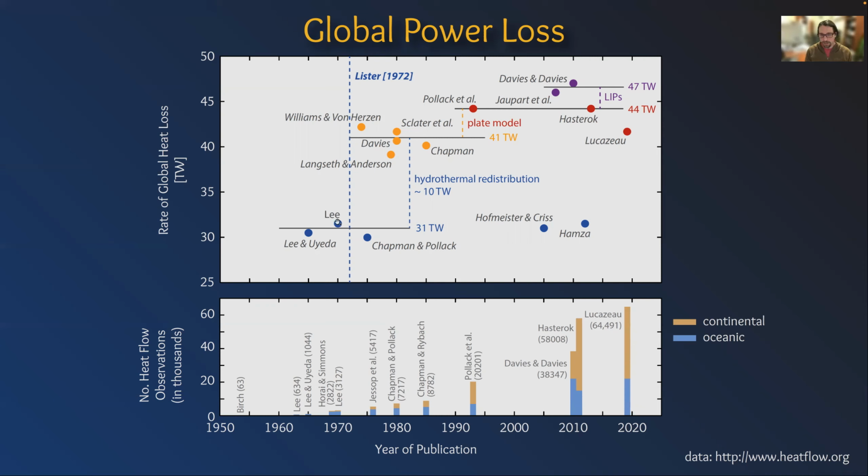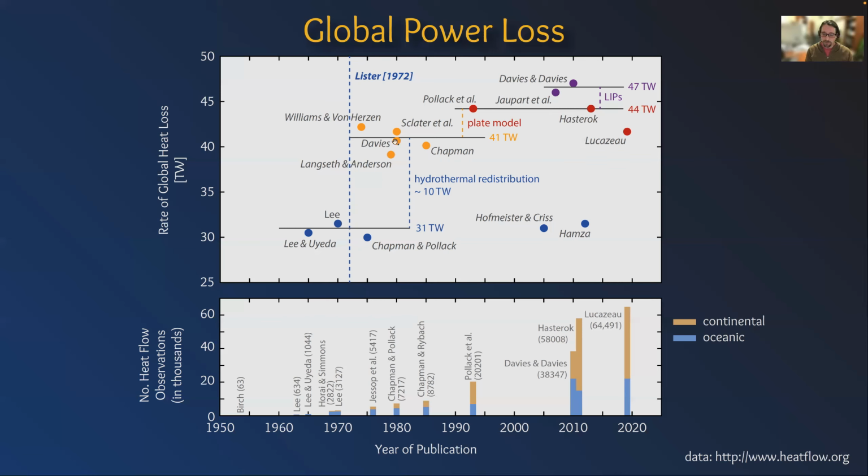In the early days of the research, values were about 31 terawatts until Gordon Lister in 1972 identified hydrothermal circulation as a major source for redistributing heat flow in the oceanic lithosphere. That was determined to redistribute about 10 terawatts of thermal power.